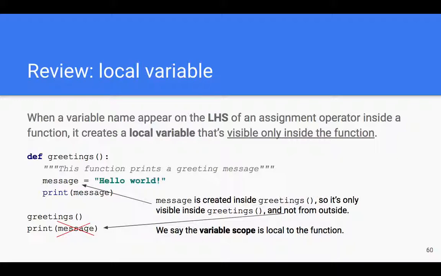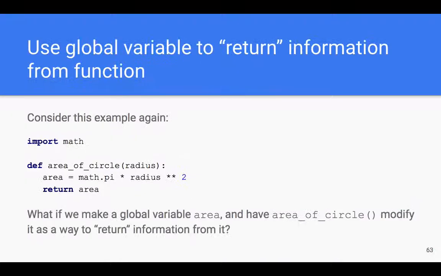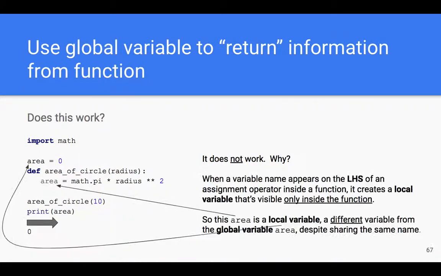That's why this is such a long sentence and such an important slide, because we already said that. Again, very important: when a name appears on the left-hand side of the assignment operator inside a function, it always creates a local variable.